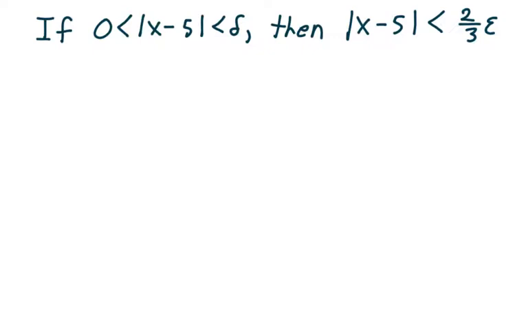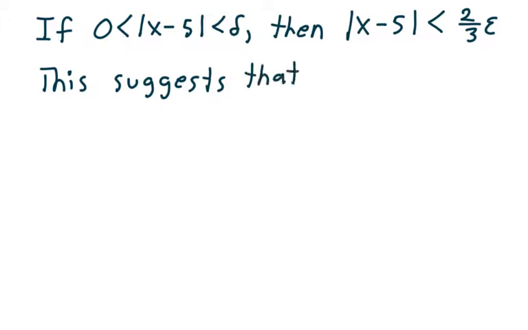And so what this suggests is that I choose delta equal to 2/3 epsilon. And now we're ready for the proof.